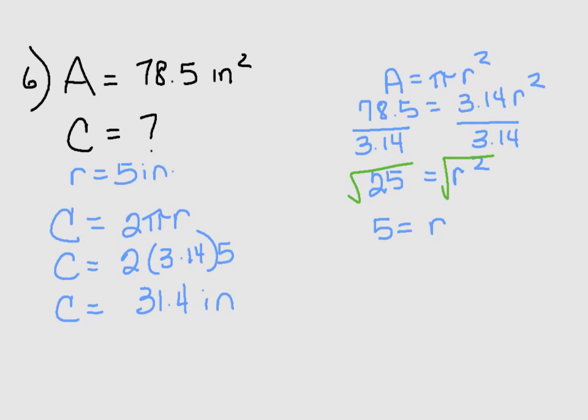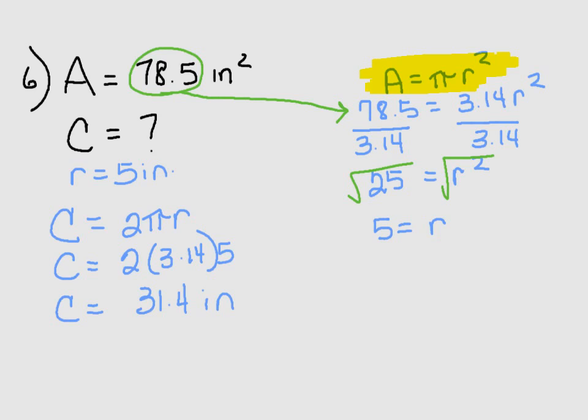Okay, so I first use the area formula here. And I substitute what I know. What do I know? I know that the area is 78.5, and that equals 3.14 times r squared. I want to solve for r, so the first step is to divide both sides by pi.